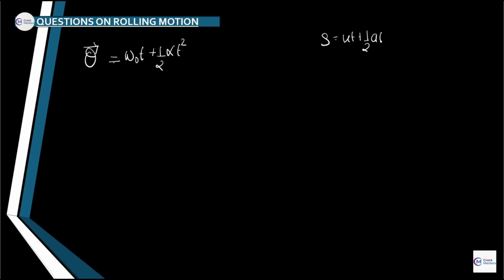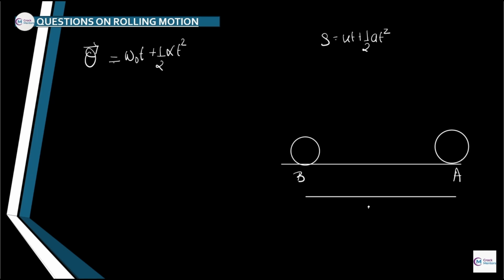Sir, but this is the equation for translational motion. Yes, for translational motion. If the body is performing translational motion and it started from point A and reached point B, then the time taken by this body for both rotational motion as well as translational motion must be the same.